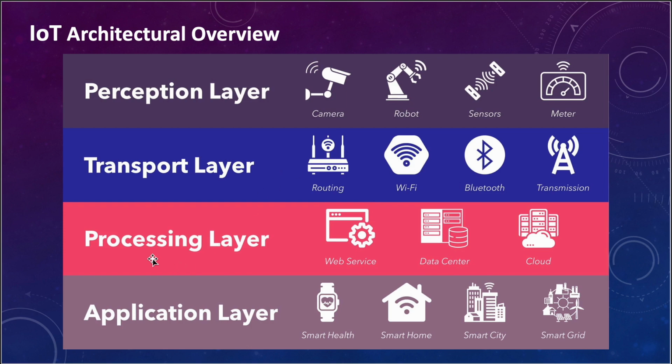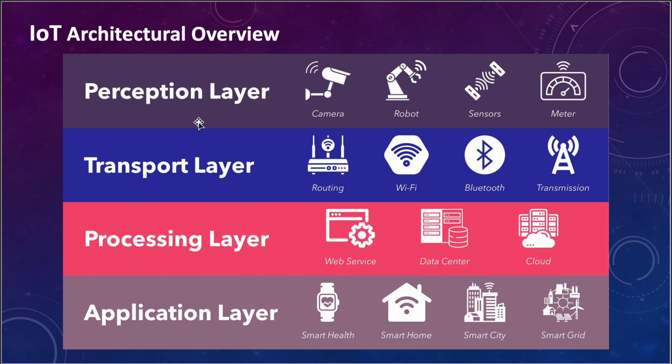In the processing layer, of course there will be servers, data storage, processing power. A server room is an entire room consisting of hardware itself. When you see a cloud, it is a set of server rooms working together around the world. Even in the application layer, it's the same thing. You will have screens, you will have speakers, so every layer has its own hardware.